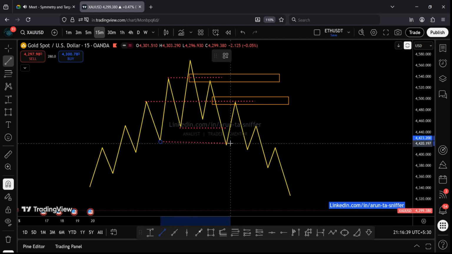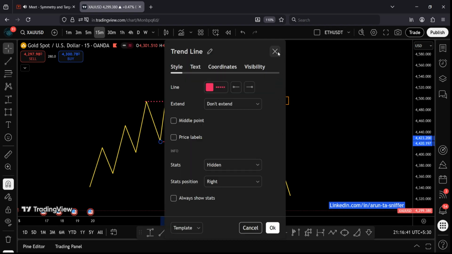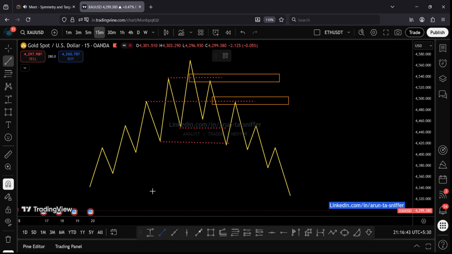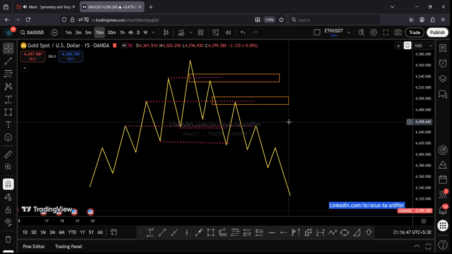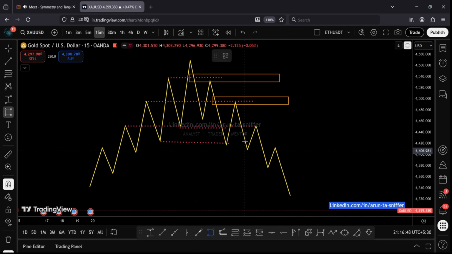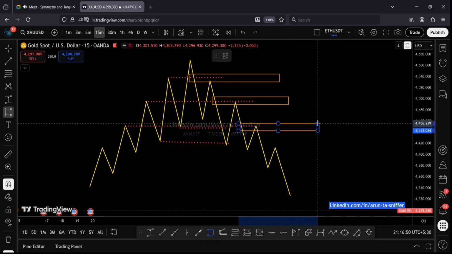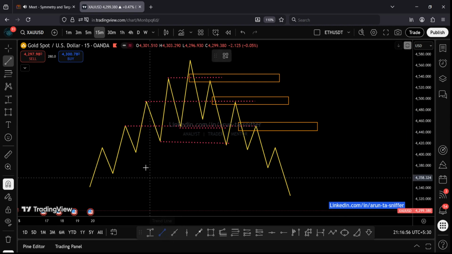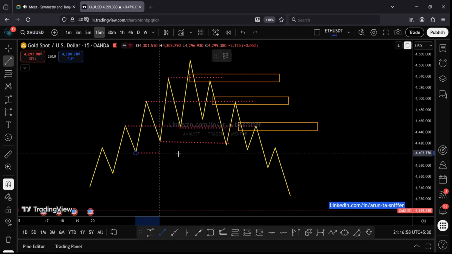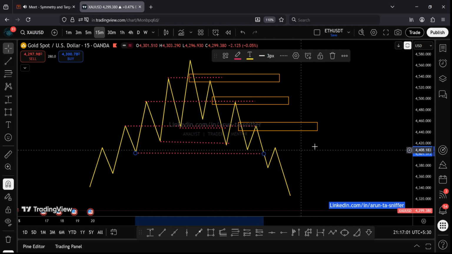Here. And then price comes back again to this kink. Where is the safest target? The safest target will be here.